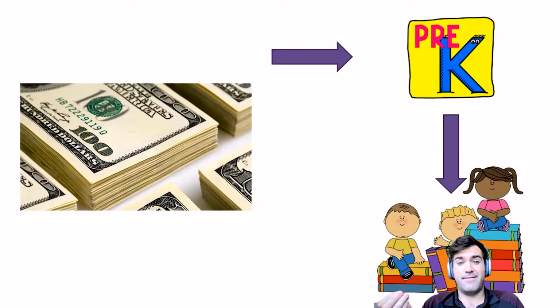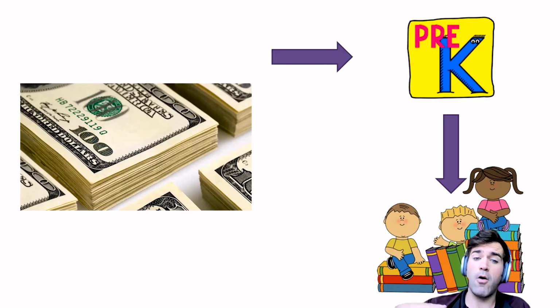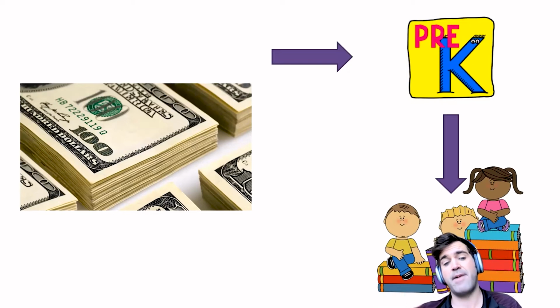Pre-K is expensive. It costs money to be able to send your kid to pre-K, right? And if you don't have that much money, then it takes a lot more effort and you have to be more creative about how you're going to support your child's development, either in the home or at other relatives' homes while parents work.